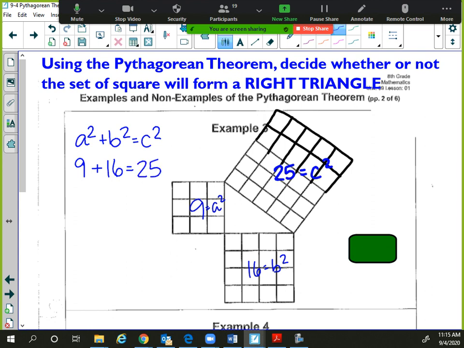So in the chat, answer that question that we've been doing. Will this be a right triangle? Does it prove itself to be a right triangle? Okay, very good. I got a couple of responses. All you're doing here is you're simplifying the equation. 9 plus 16 is 25. And 25 does equal 25. So yes, this would form a right triangle.